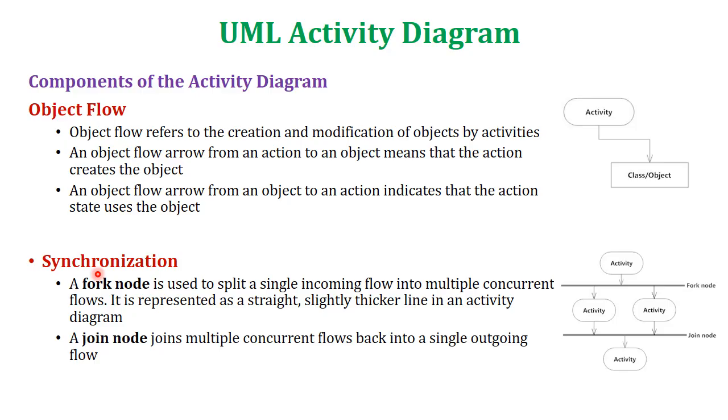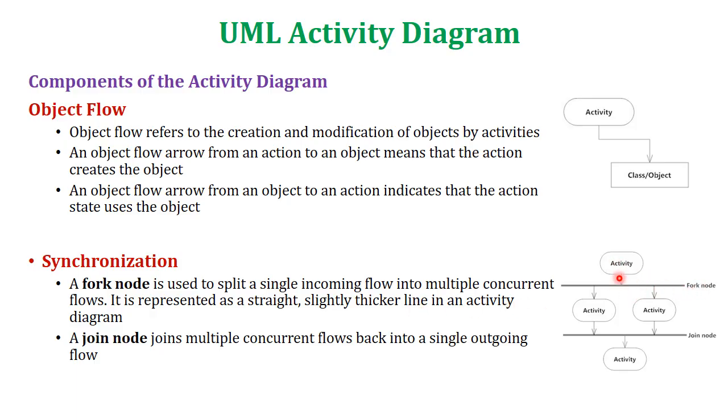And next is synchronization. The fork node is used to split a single incoming flow into multiple concurrent flows. It is represented as a straight and slightly thicker line in the activity diagram. See here, this is a fork node.